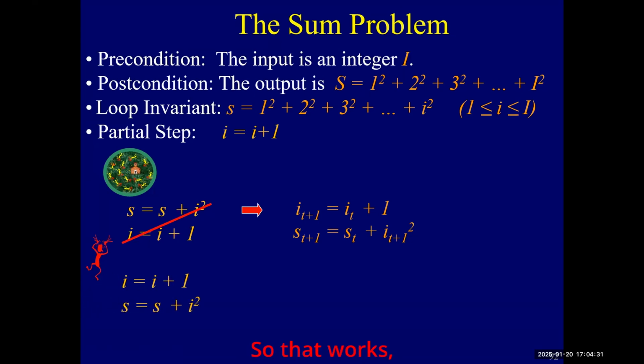So that works. We get a new value of I, and then we add in our new value of I. What do you think, guys? On one side, I might argue that what I'm teaching you here is more material.